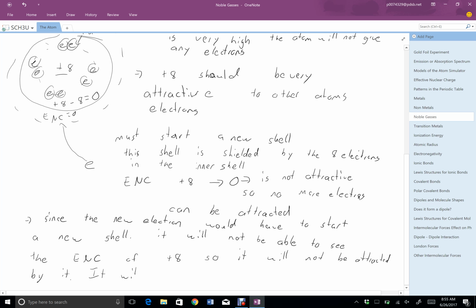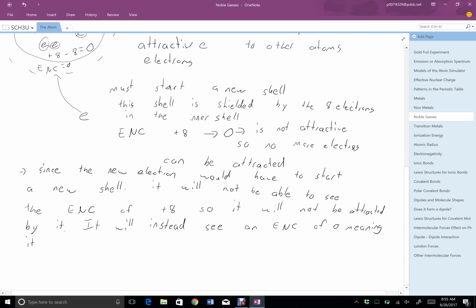It will instead see an effective nuclear charge of 0, meaning it is not attracted in.